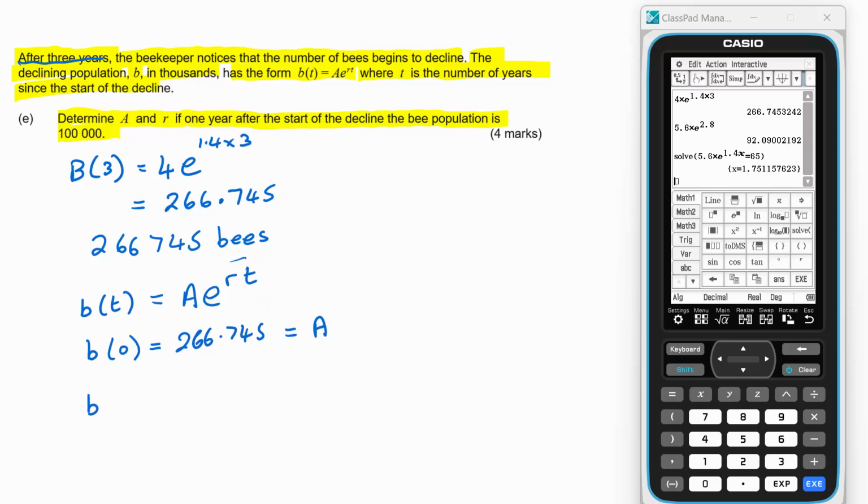And then we know that b(1) is equal to 100.